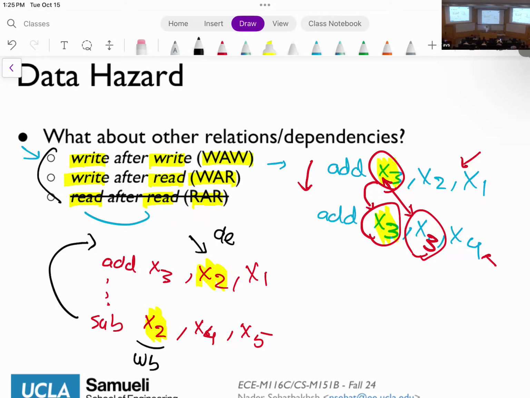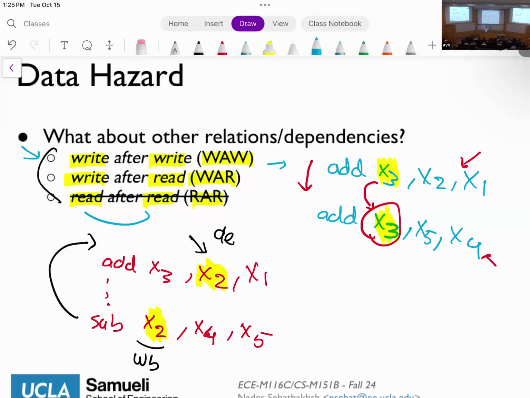Yeah. The question is why write after write is not an issue. So again, this was originally, let's say, x5, right? So essentially the idea is what will happen if I'm trying to write x3 twice, right?